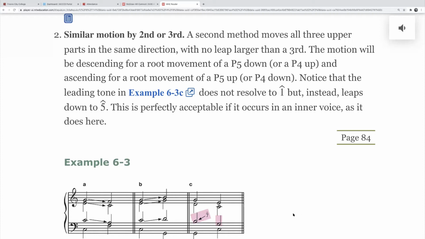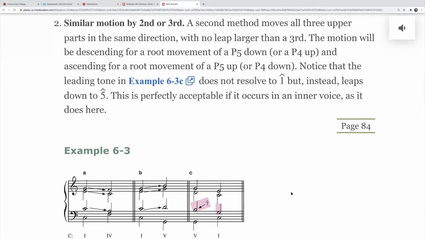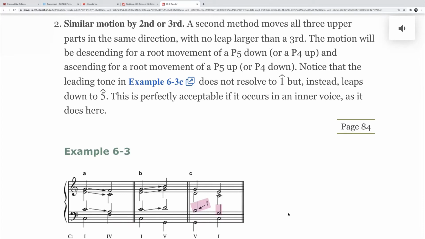Again, we're not strictly following our part writing norms in the inner voices. The leading tone does not have to resolve to do or scale degree 1 if it's in the inner voice. If it's in the soprano, we still need to follow that norm.